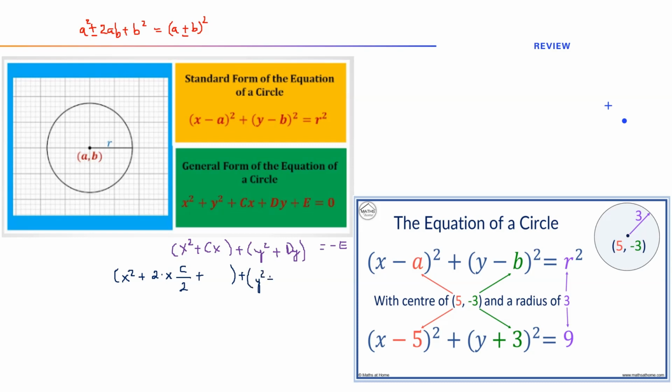Do the same with the y, so plus 2 y d divided by 2 equals negative e, right? Now we have to add to both sides c over 2 all squared. This one is d over 2 all squared. So now we're adding on the right hand side as well for that too.